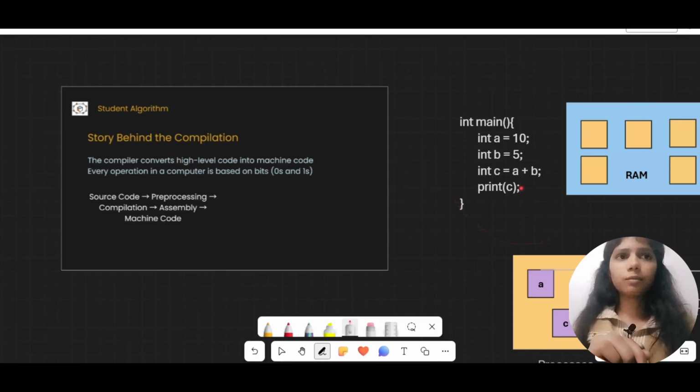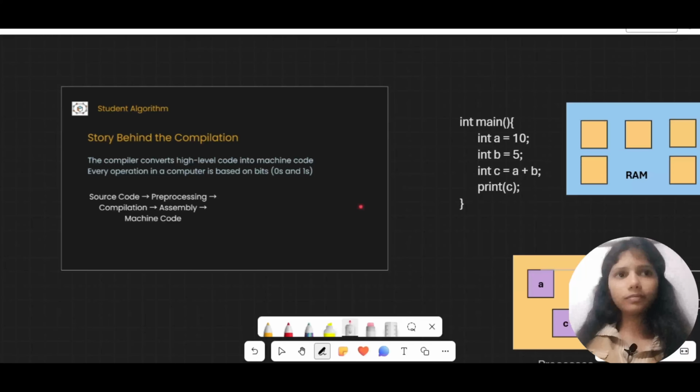That process is taken care of by pre-processing. For example, take the hashtag include stdio.h header file in C language. The pre-processing process removes the hashtag include and just renames it as stdio.h.